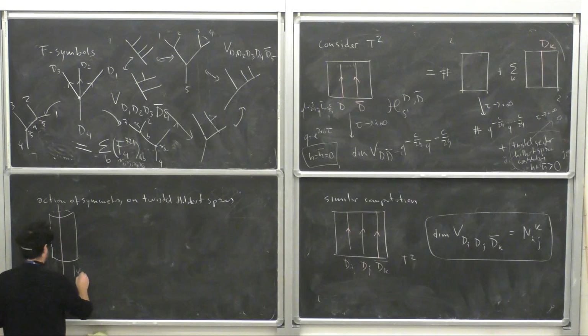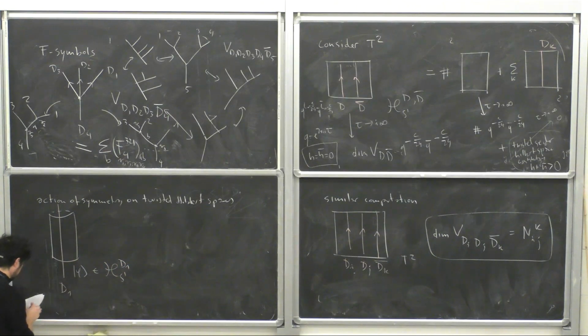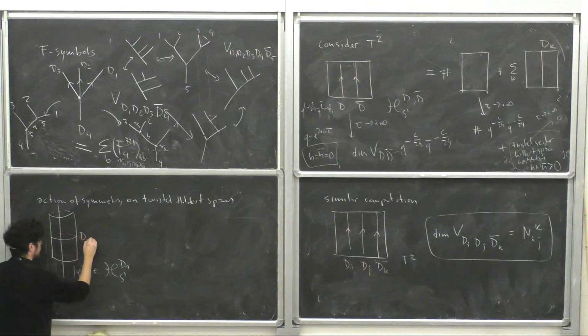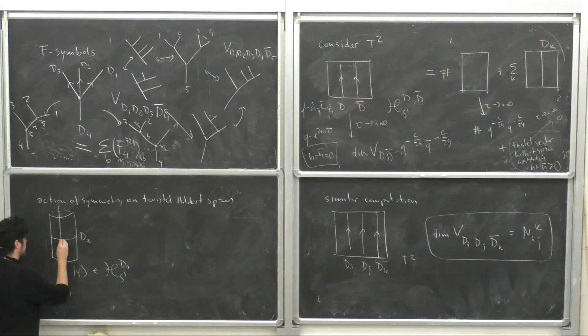Here you have your state. This belongs to this one. So remember, in order to act, we just have to insert it horizontally. So there will be a topological junction here.